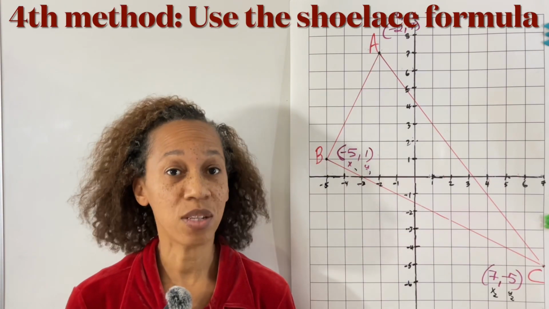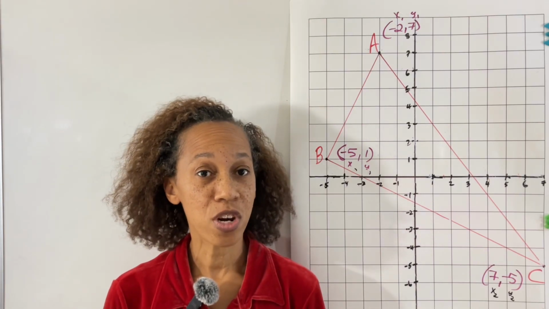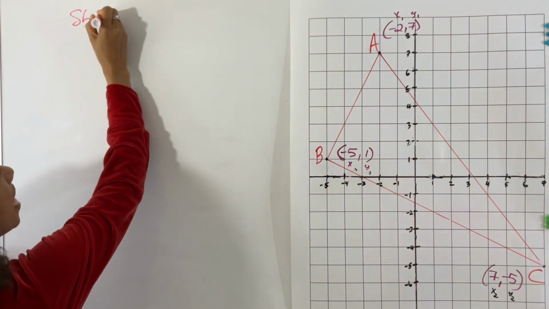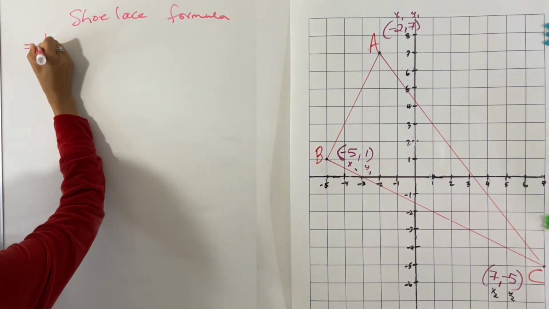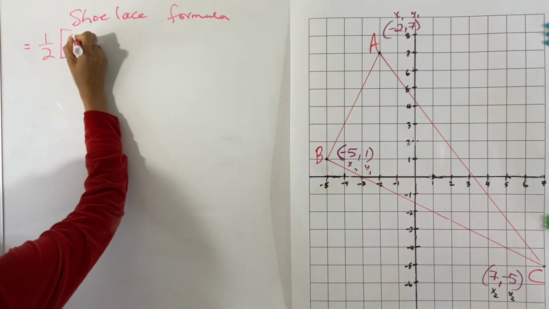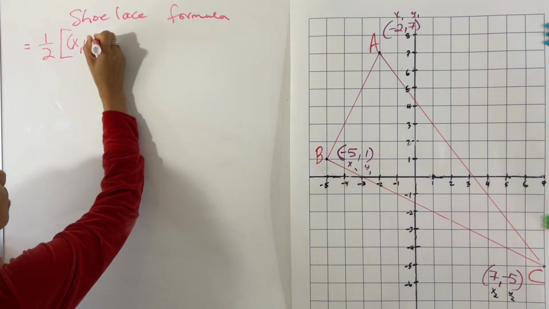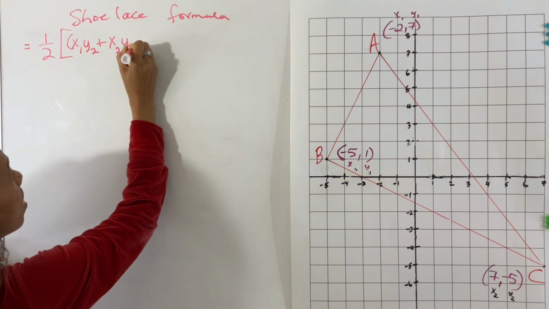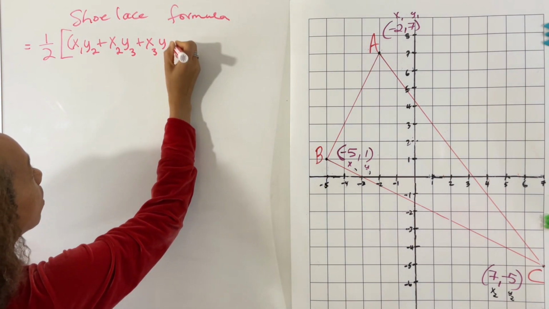This fourth method is what we call the shoelace method. And there is a formula for the shoelace method, and the formula is as follows. The shoelace formula is half of, and we are taking now our x1 coordinate with our y2 coordinate, plus our x2 coordinate and our y3 coordinate, plus x3 coordinate and y1 coordinate.